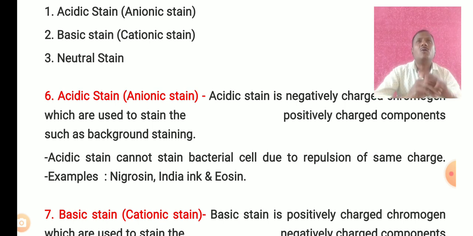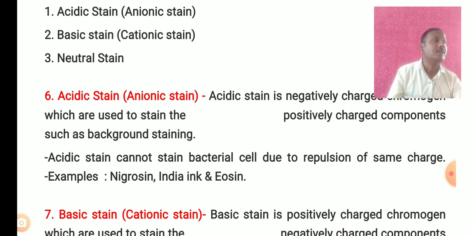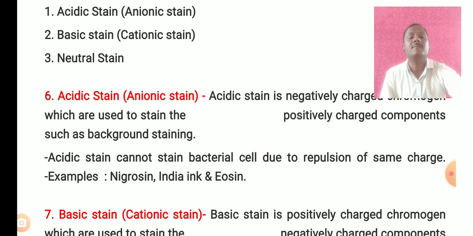Because the cell wall of the microorganism or the different parts of the microorganism are basically negatively charged, and the acidic stain is also negatively charged. With negative charge against negative charge, there is repulsion. They cannot colorize. That's why acidic stains generally color the background. For example, nigrosin, Indian ink and eosin.